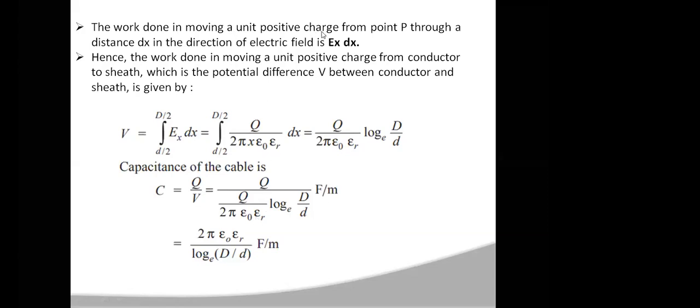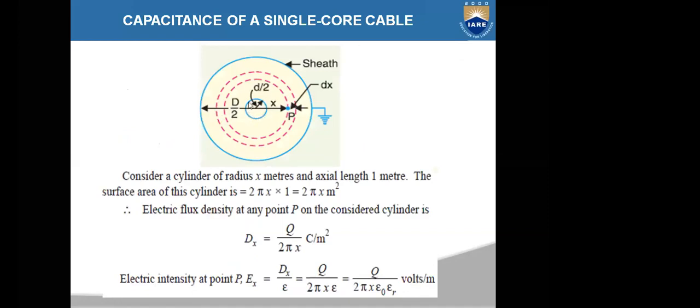Now, if you calculate the work done in moving the unit positive charge from the conductor to the sheath, this is called the potential difference V. From the surface of the conductor, which is at a distance d by 2, to the sheath, that means from small d by 2 to capital D by 2. So this distance you have to calculate.